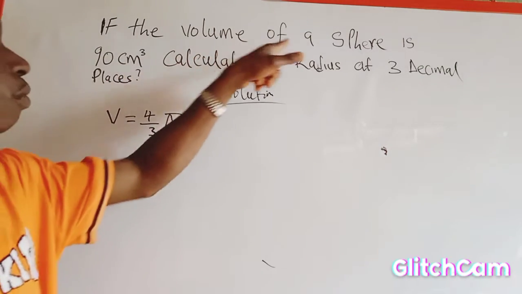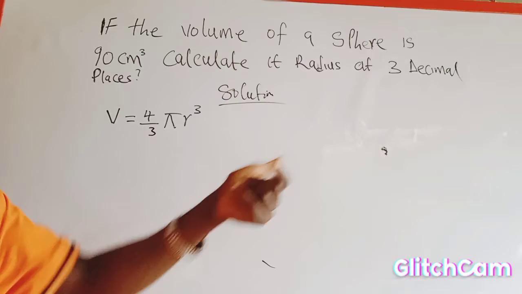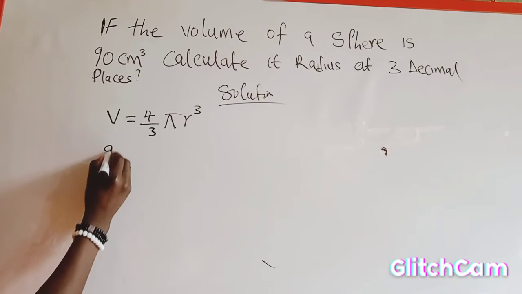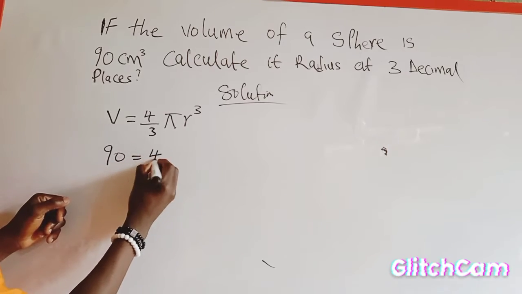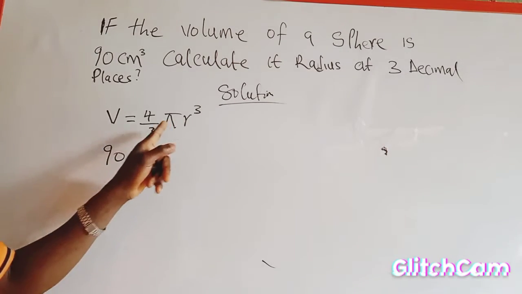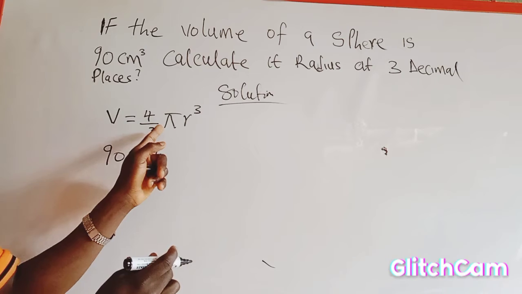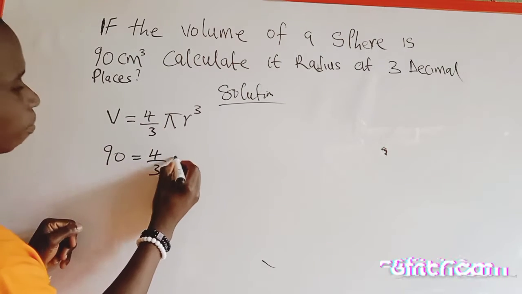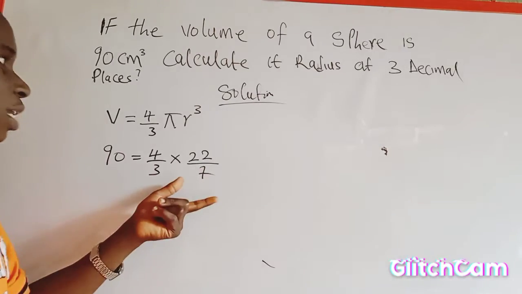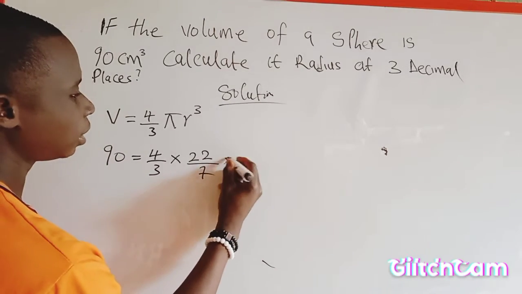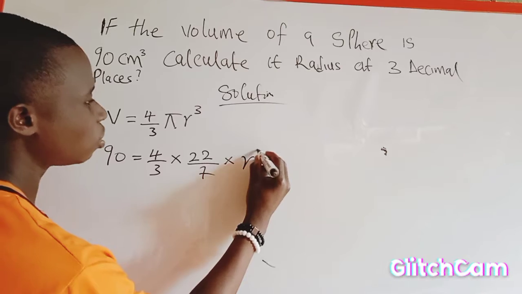So if the volume of a sphere is 19 centimeter cube, my volume is 19, which is equal to 4 divided by 3, which is constant, multiplied by pi, which is 22 over 7, also constant, then multiplied by radius cube.